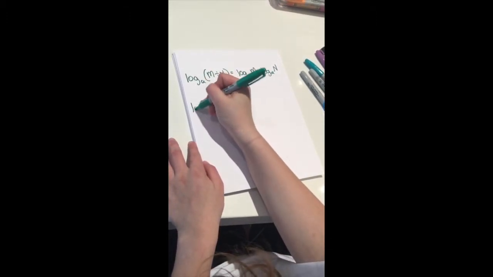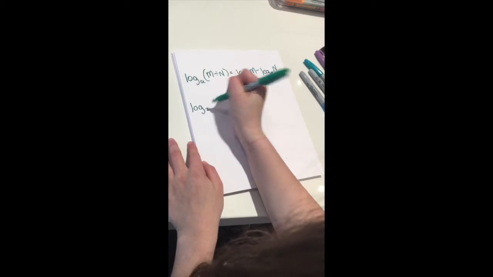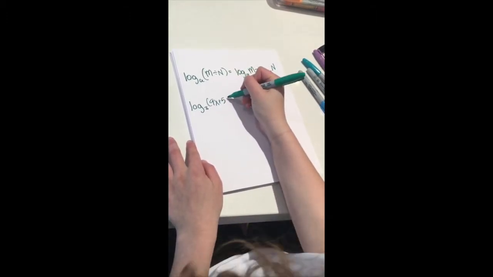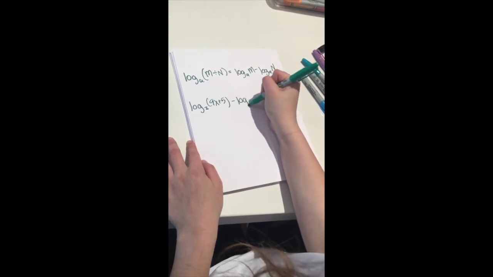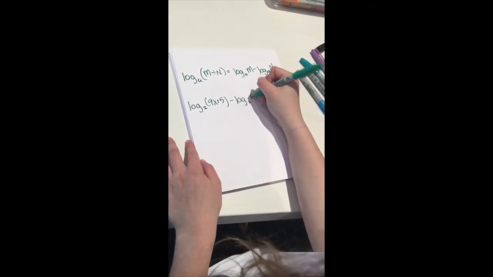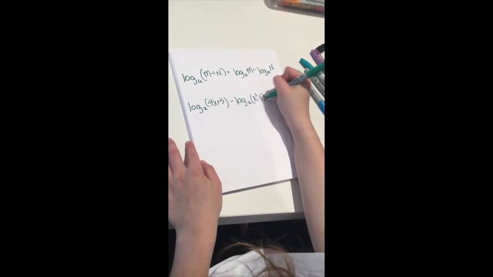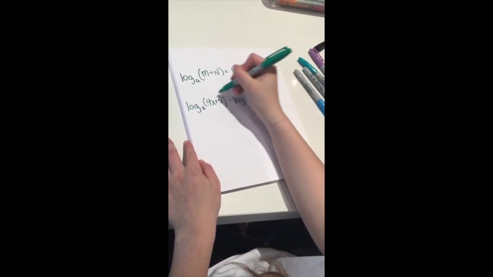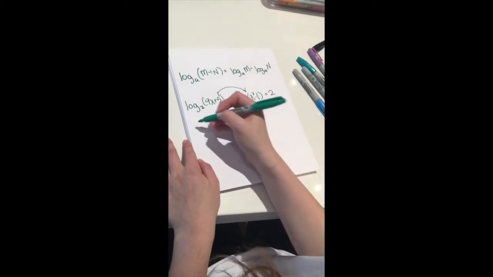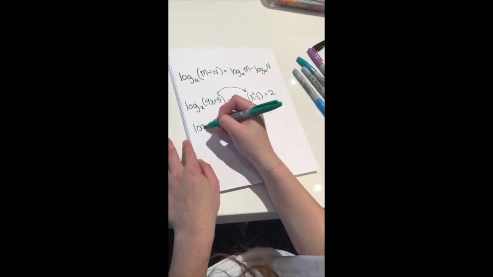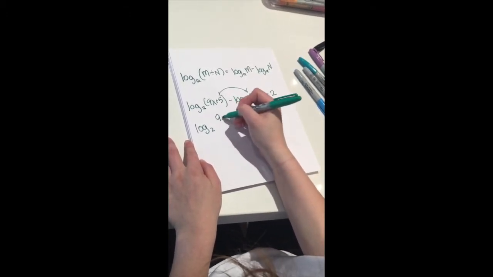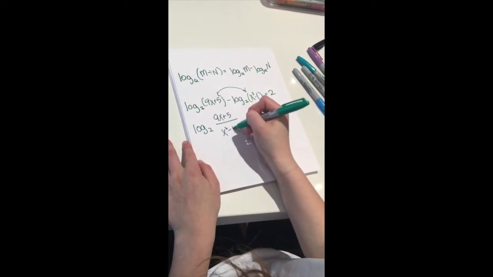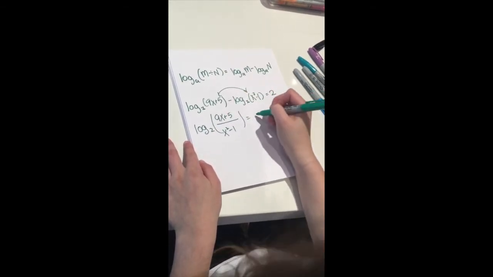What if you have log base 2 of 9x plus 5 minus log base 2 of x squared minus 1 equals 2. By this property, we know that we can divide these two terms. So we would get log to the base 2 of 9x plus 5 over x squared minus 1 equals 2.